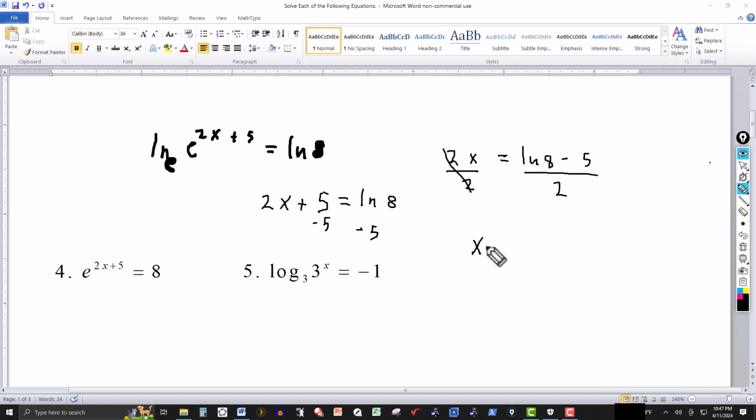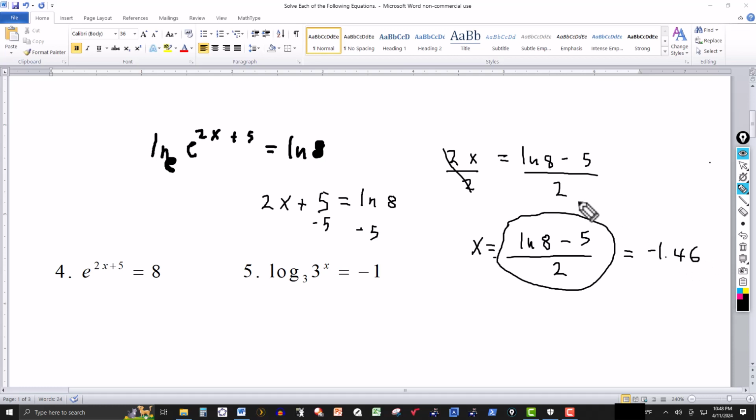So we get x is equal to ln of 8 minus 5, divided by 2, and that's the exact answer. If you want an approximation, then use your calculator, take the natural log of 8 minus 5 divided by 2, and that should come out to about minus 1.46. So here's the exact, and here's an approximate answer to 2 decimal places.